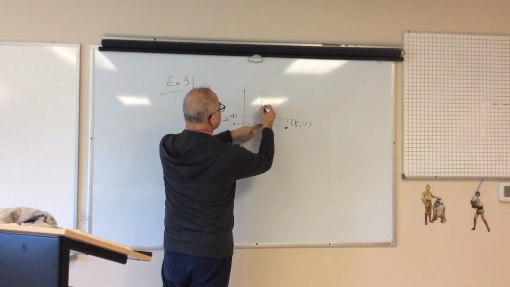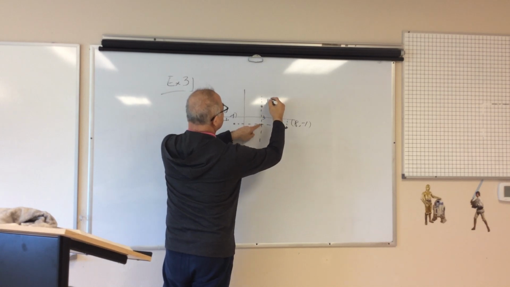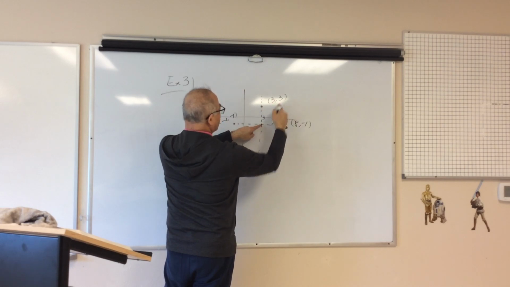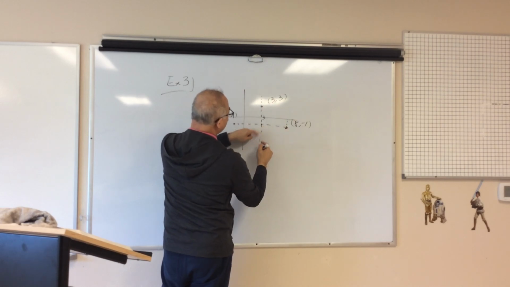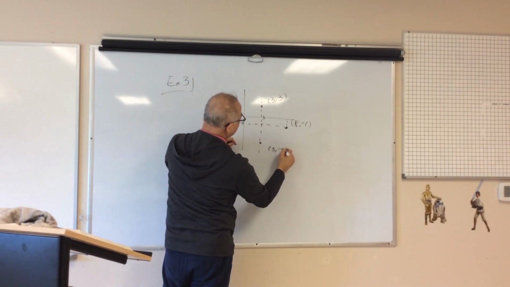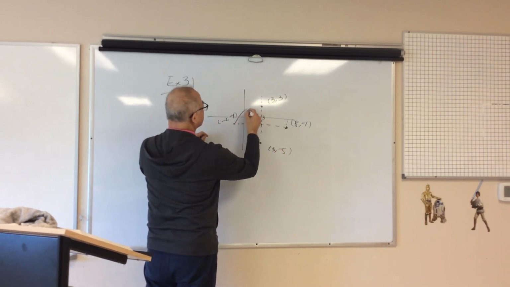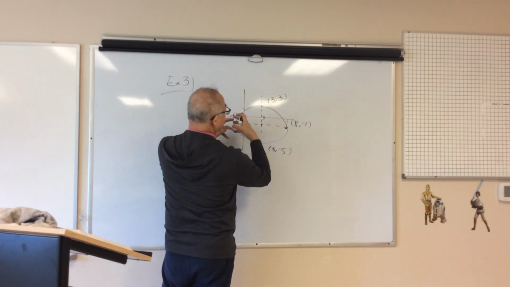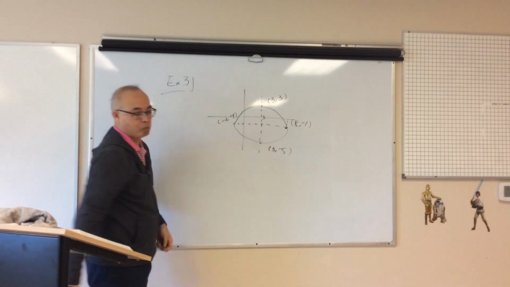So I'm going to be here, which means this is going to be 3 and 3. I had -1, I go up 4 to get 3; -1, I go down 4 to get 3 and -5. So this is one that looks like this here.